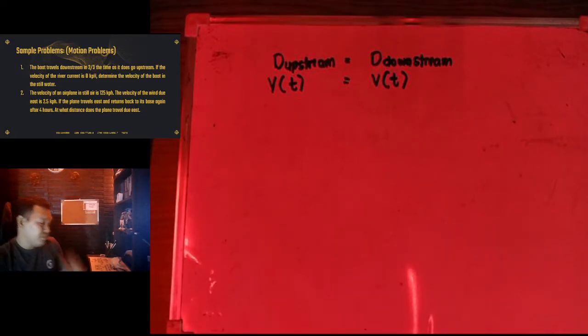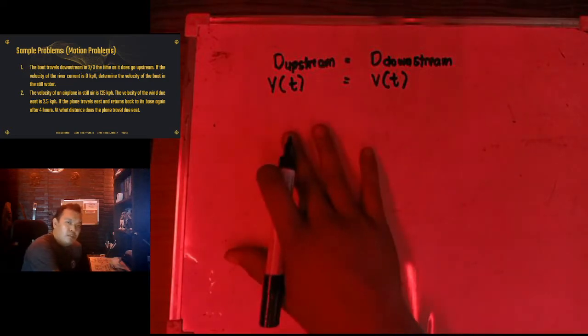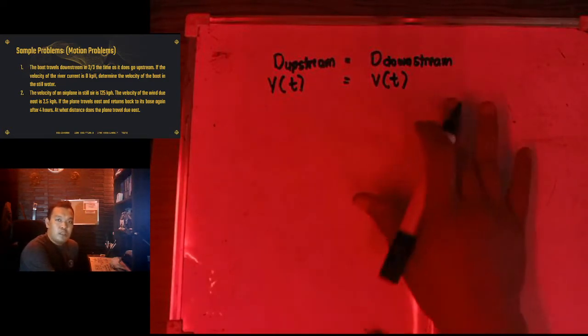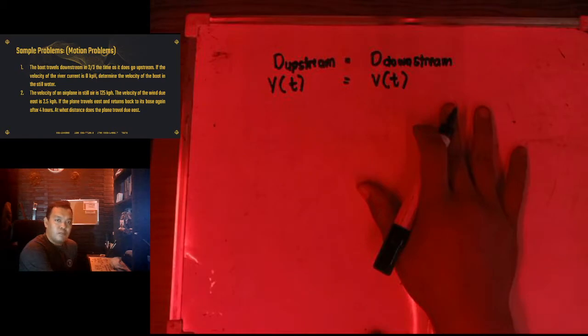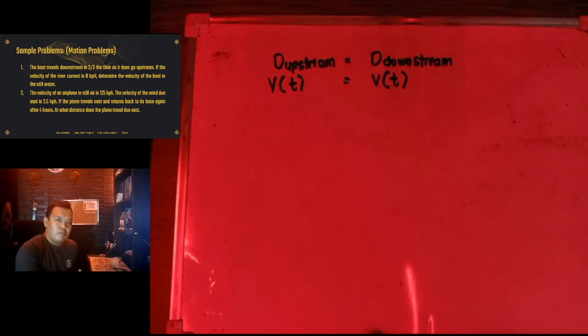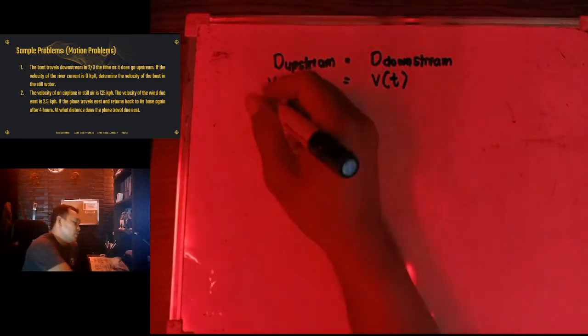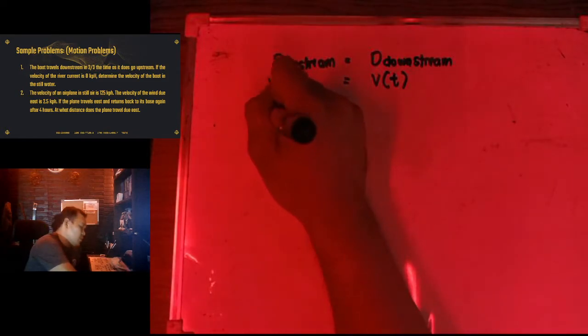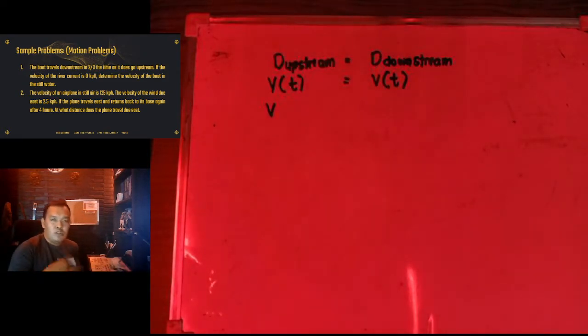Kasi nga, syempre, current ng tubig pababa is mag-add dun sa bilis ng takbo ng pababa. Diba?